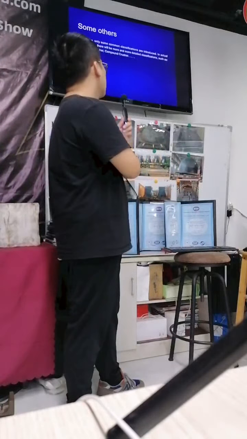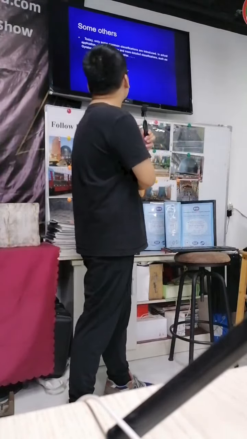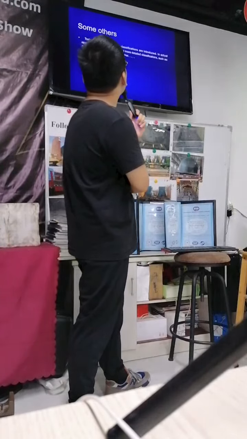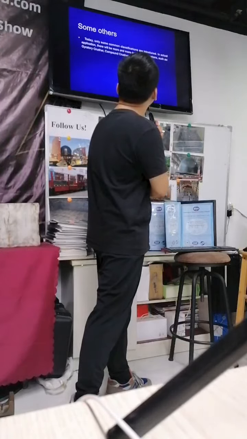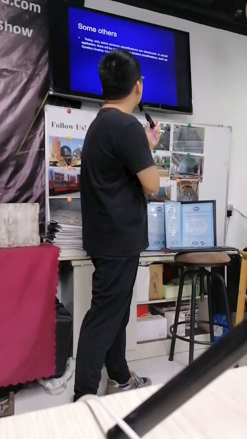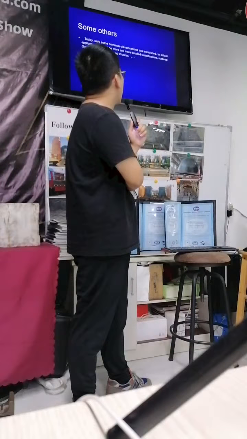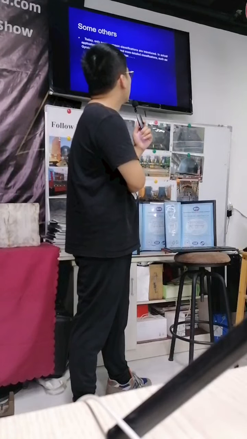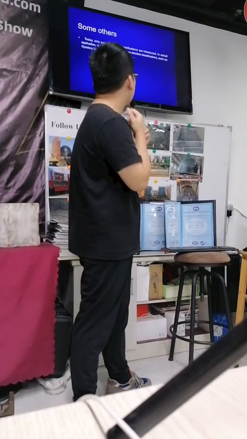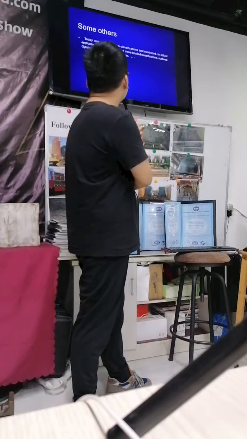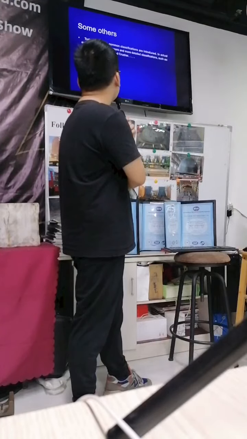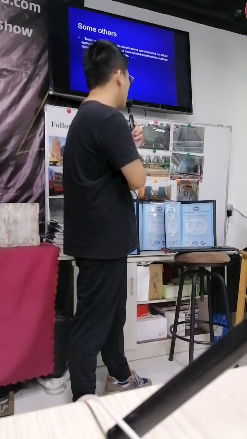There is some other information about crushers. Today, only some common classifications are introduced. In actual applications, there will be more and more detailed classifications, such as the impact crusher and compound crusher.